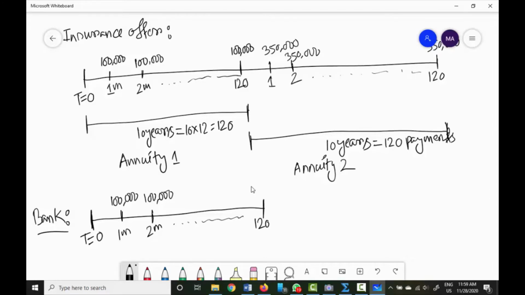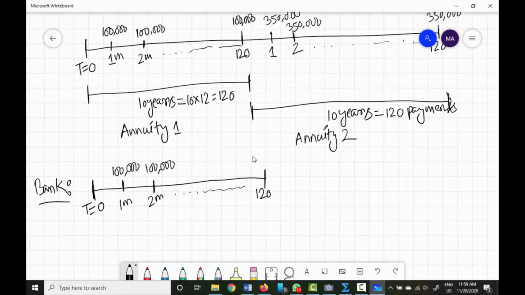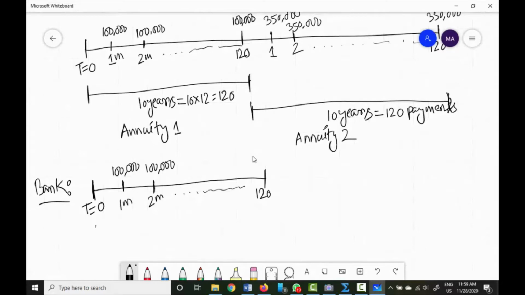So up to 10 years is equal to 120 payments.